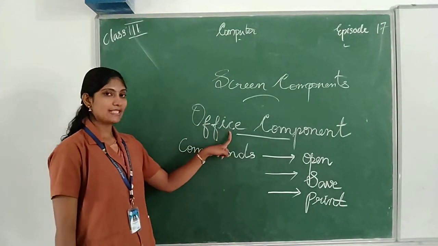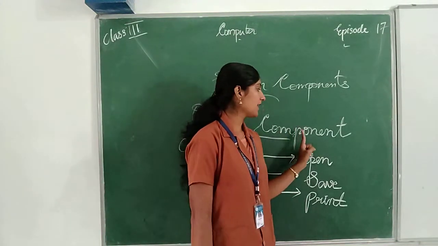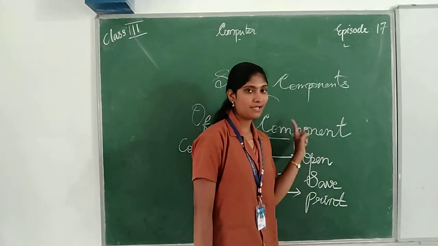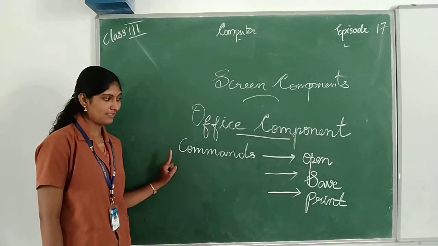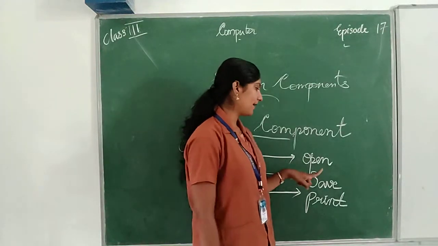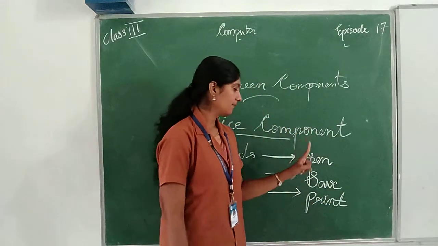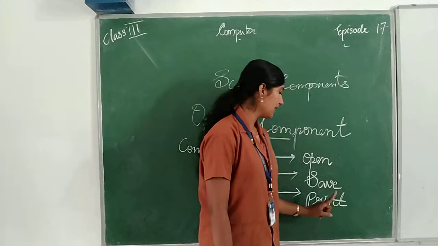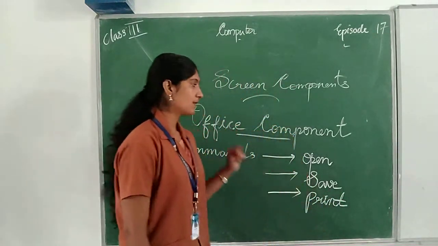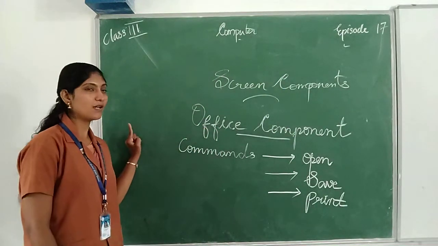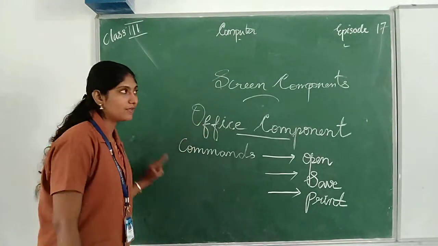So the first component is the office component. The commands present in the office component are first open, second save, and the third print. Once again, the first component name is office component, which is present at the top of the window.